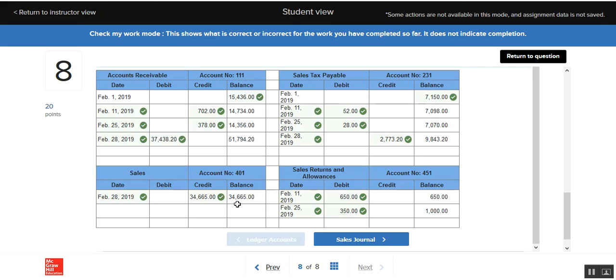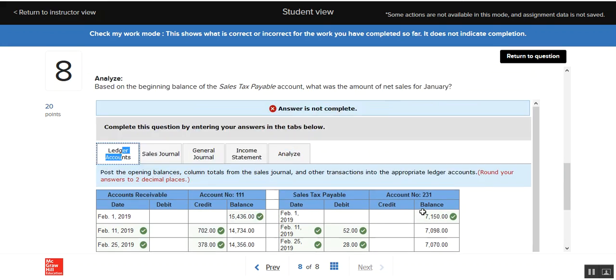That was our total sales. But some people brought some things back. So we actually ended up selling $1,000 less because we had some people who had sales returns or sales allowances for a total of $1,000. So really we only made $33,665 in revenue, because you'll see this one offsets this one. So both of these are going to show up on the income statement.